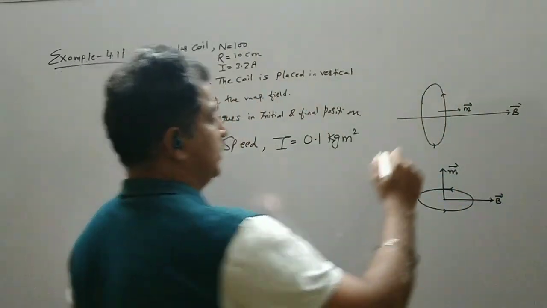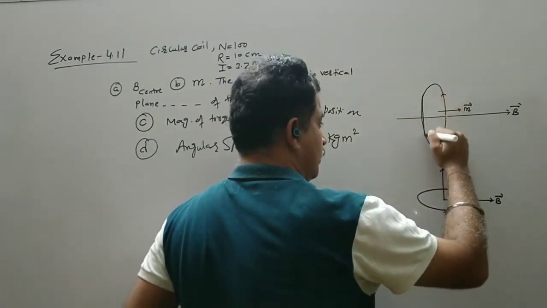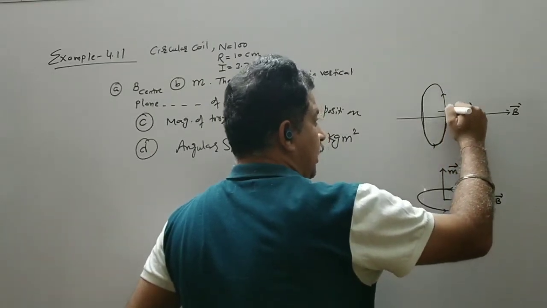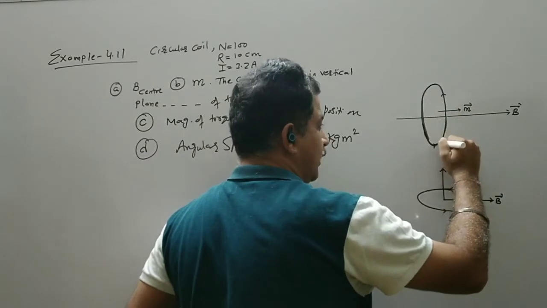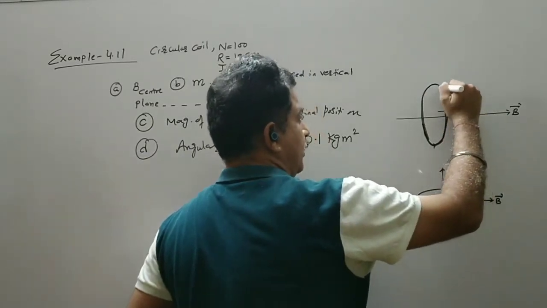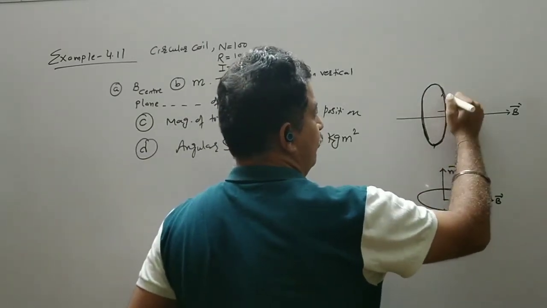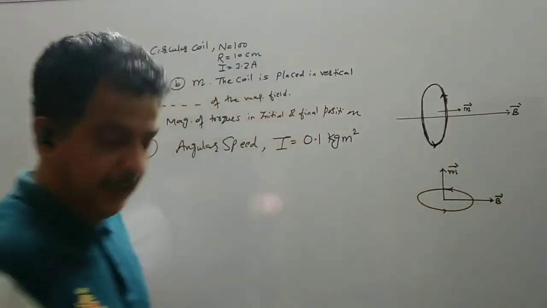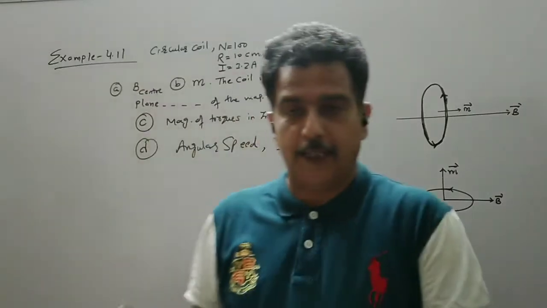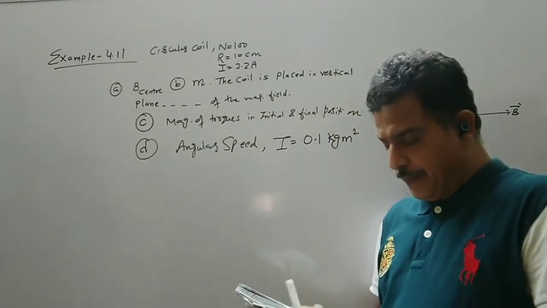So let us assume this is the coil, but it has how many turns? 100 turns are there. We assume the current flowing is in anti-clockwise direction, though the direction is not required here.